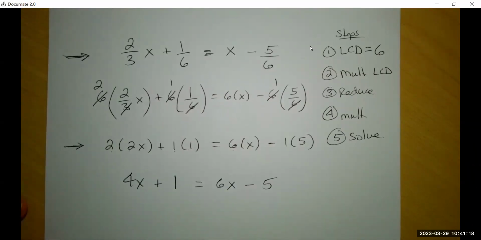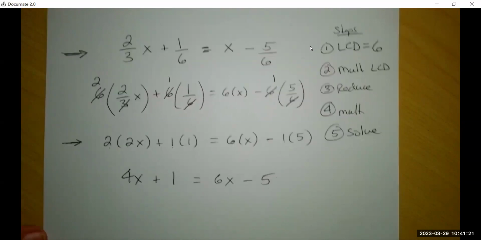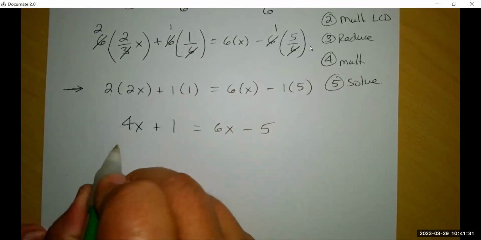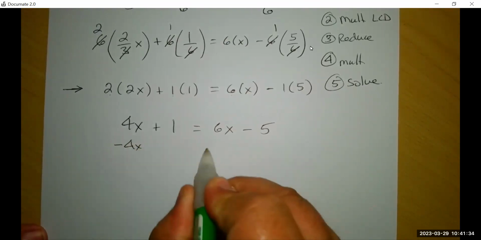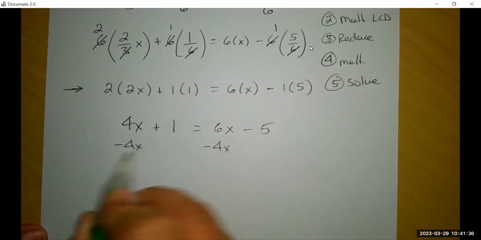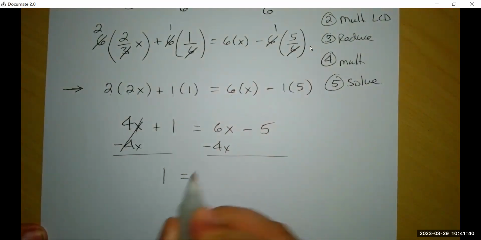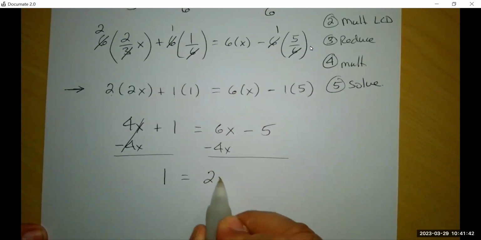Okay, now how do you solve this? What do you do next? What's that? Minus 4x. Move the smaller x to the larger x. So minus 4x. Six minus 4 is 2.